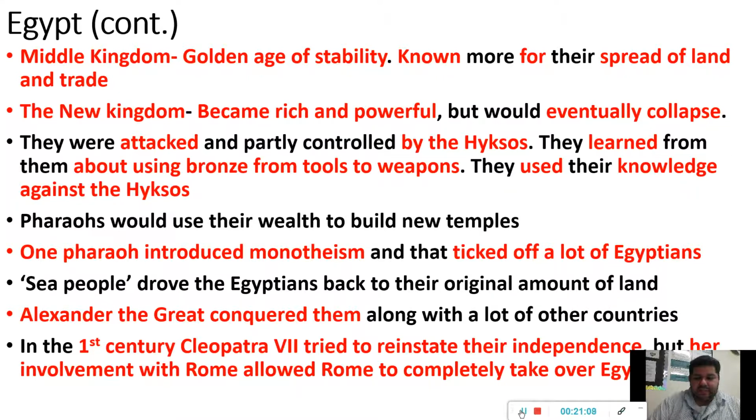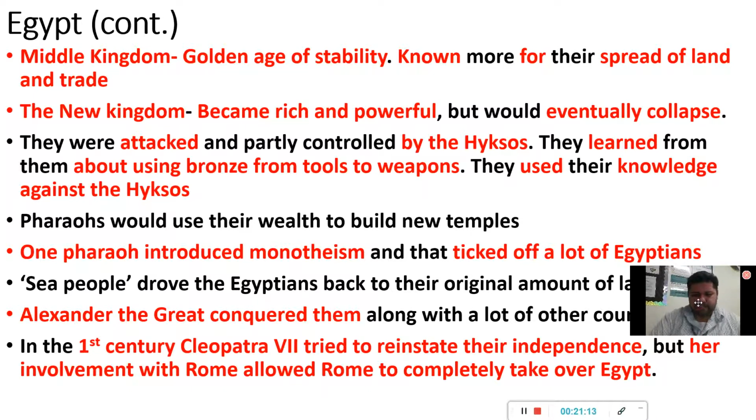Okay. Now the thing is, in the first century, there was Cleopatra the Seventh, the one Cleopatra that everyone knows. Now that's another thing too. A lot of people think that when they hear Cleopatra, she was the only one. No, she was number seven of all the Cleopatras.